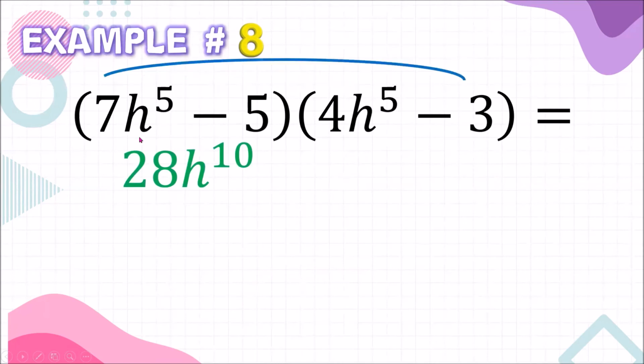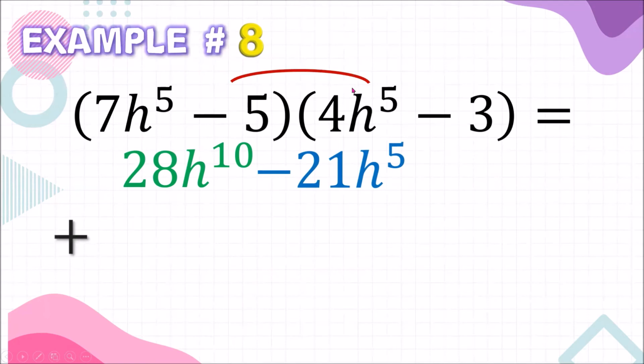The outer term, 7h to the 5th times negative 3, we have negative 21h to the 5th. And then the inner term, negative 5 times 4h to the 5th. So negative 5 times 4, negative 20h to the 5th.